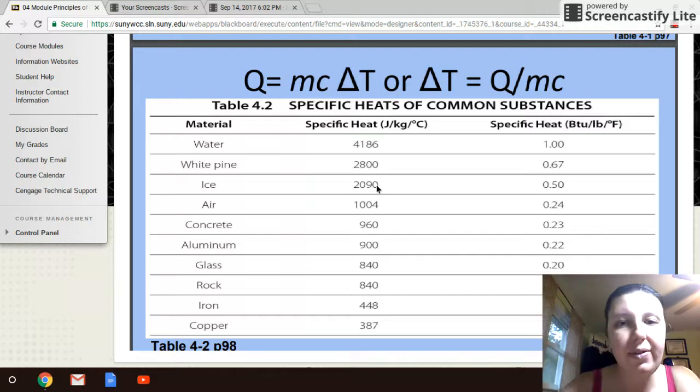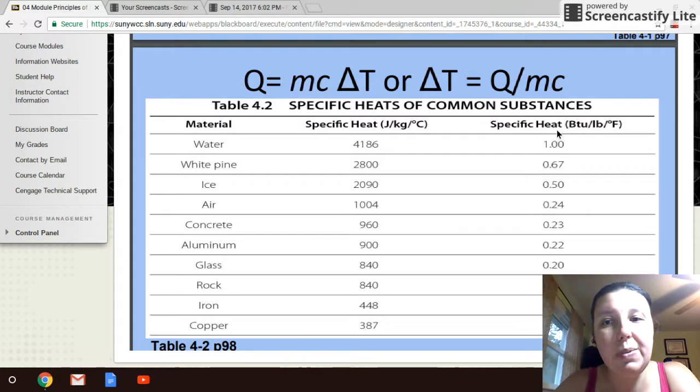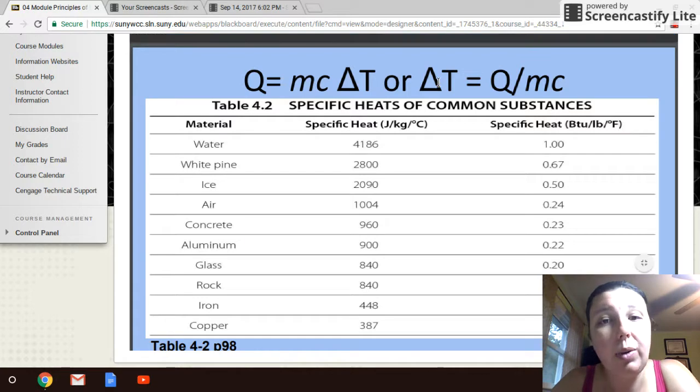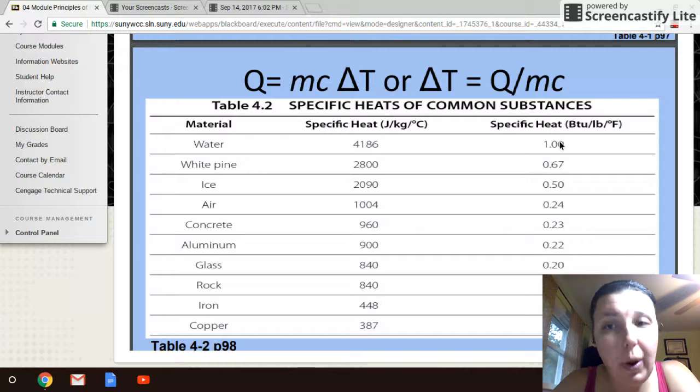And so specific heat in the system international units is here. So it's joules per kilogram per degree Celsius. And specific heat in the US system is BTUs per pound per degree Fahrenheit. So if I'm working with a number where I want to find change in temperature in degrees Fahrenheit, I will use this part of the table.